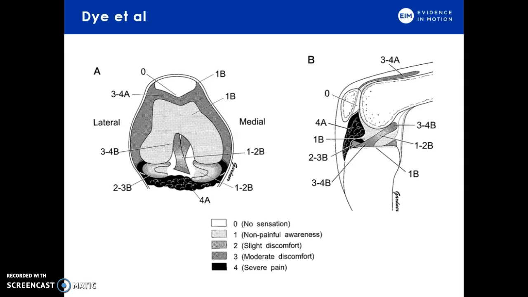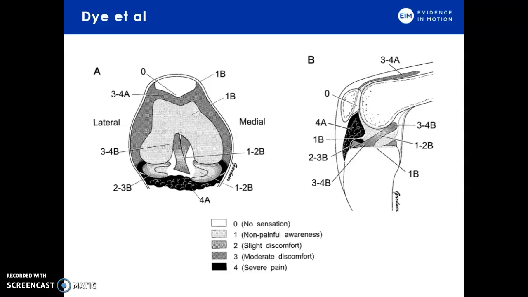And when I was talking to him, he basically said if he could rank it a 10, he'd rank it a 10 on a 4-point scale. He said it was severe. So even compared to 3 to 4, he said the 3 to 4 was bad, but the 4A was really, really bad. So you can kind of see all that anterior synovium, that fat pad area.